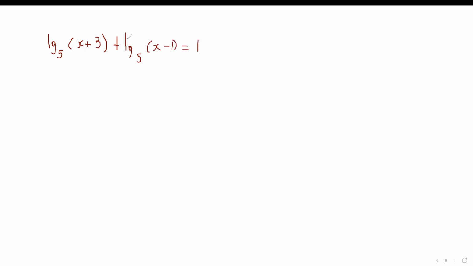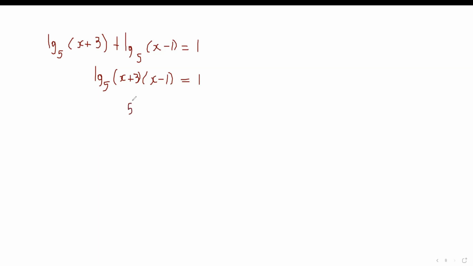Beautiful. So first thing I need to write this as 1 logarithm, which is log to base 5 of, in bracket, x plus 3 times x minus 1, and that is equal to 1. So remember then, the definition of logarithm is base to the power equal to the number.